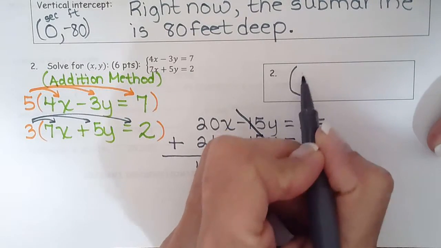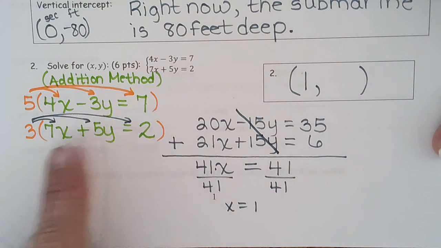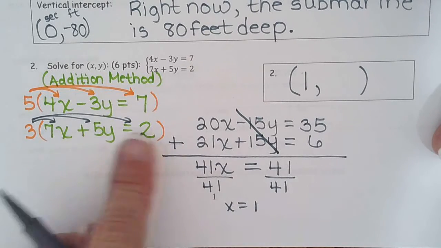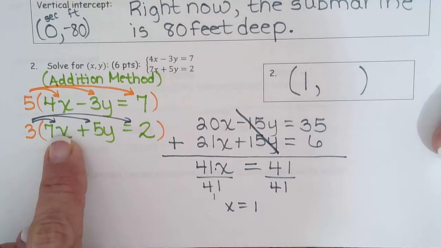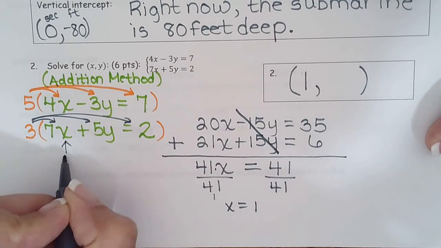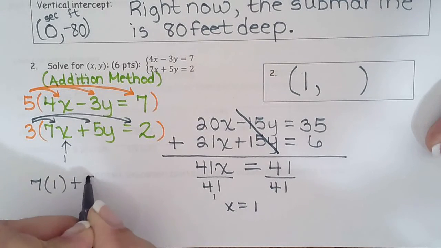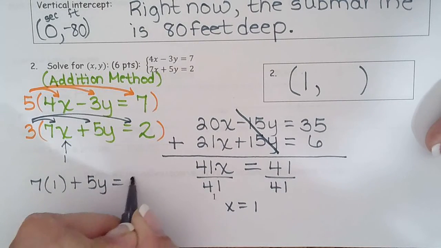So then I go up here and I write my 1 in, just like we did on our videos for this section. And then remember how we said it doesn't matter which equation to go into. I like ones without negatives, so since this one doesn't have a negative, I'm going to pick it. So in place of x, I'm going to put 1. So 7 times 1 plus 5y equals 2.